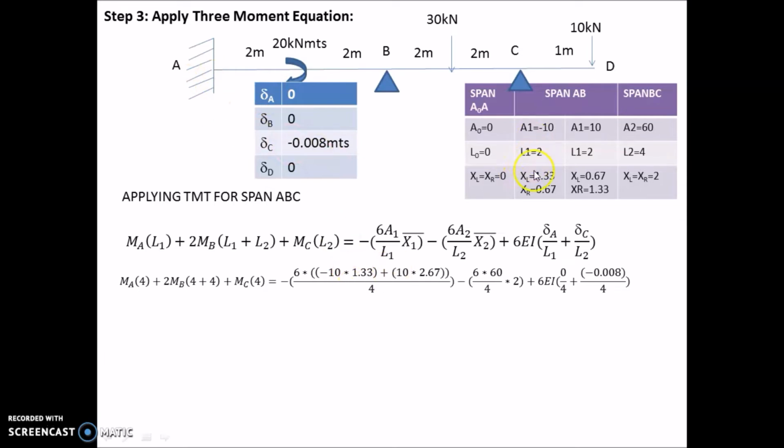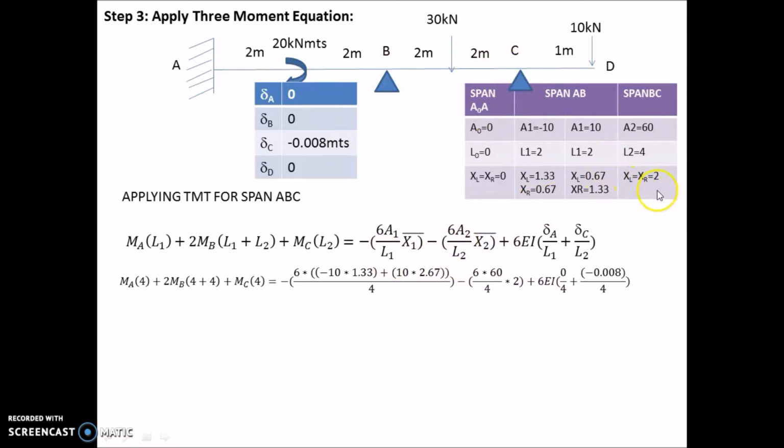So XL for this one is minus 10 into XL of 1.33, and coming to this span from here to B, XL is 0.67 and A1 is 10, but we have to consider it from here, so 2 plus 0.67, 2.67, into 10. Now coming to this one, minus 6 A2 x2 bar by L2, here it is XR.